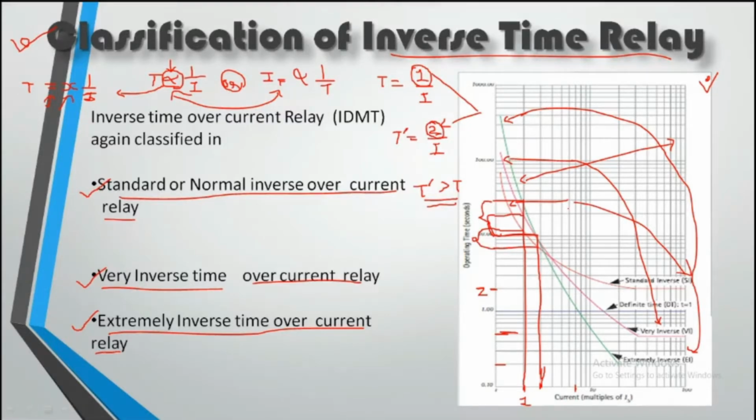And because of that, what we can say is that the inverseness, that means the decrease in the amount of time with the increase in the amount of current, is at the extreme level for the green graph, and at the lowest level for the red graph, whereas the pink graph is in between the red and green graph.